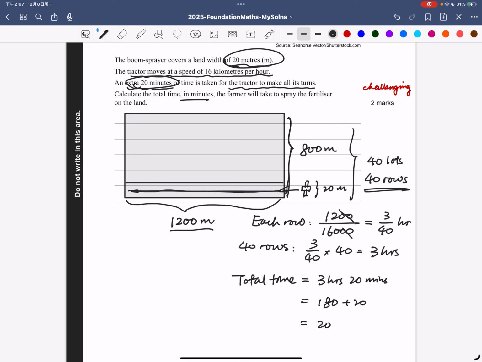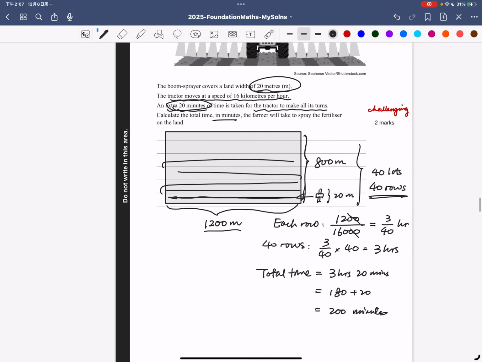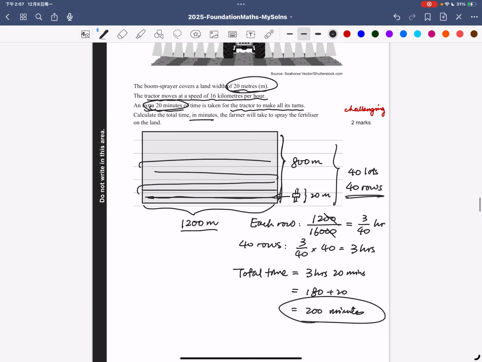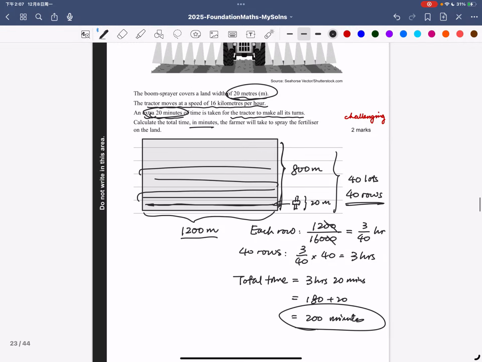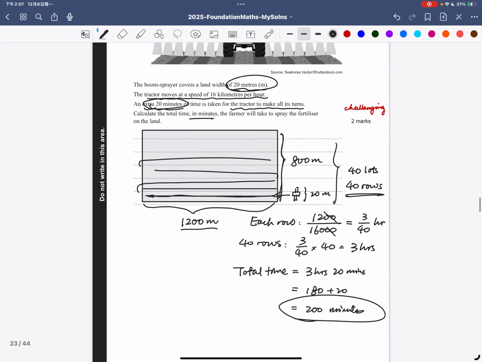That will be 200 minutes. Okay, going that way, that way, that way, that way. Sum them up, and all the time to make the turns, make the U-turns will be, let's say, 20 minutes. So we have taken everything into consideration. Yep, a very lovely real life example, but you have to understand what's really happening.